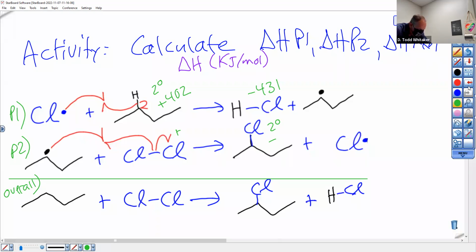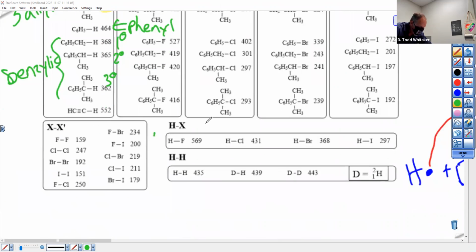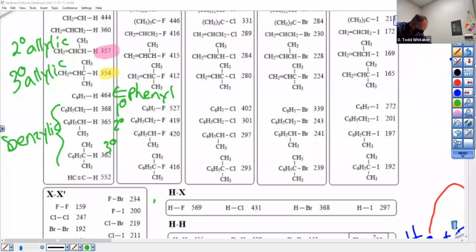Moving back a page again. Secondary CCl is this one, isn't it? And we made it. Made it. I'm not breaking it. Yeah, it's negative 339 when I make it, and I'm going to forget that number. And we need the ClCl. ClCl way over here. You're breaking it. You've got to put in plus 247, and I forgot the other number already.